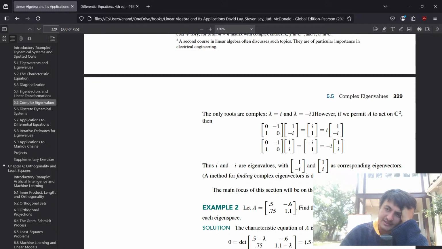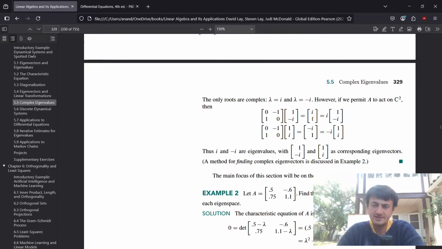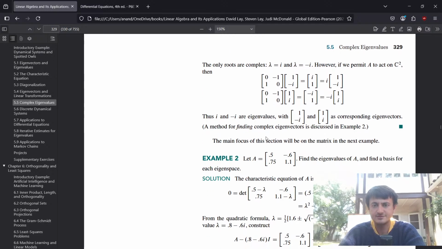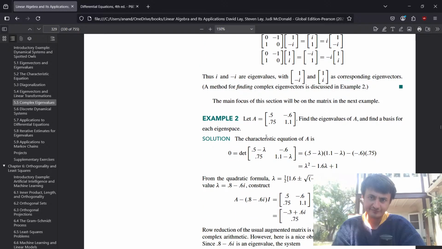If we permit A to act on C2, then we see that the vectors (1, minus i) and (1, i) are eigenvectors corresponding to the eigenvalues i and minus i. The method for finding them is discussed here.